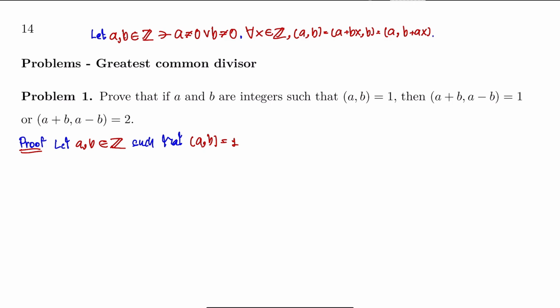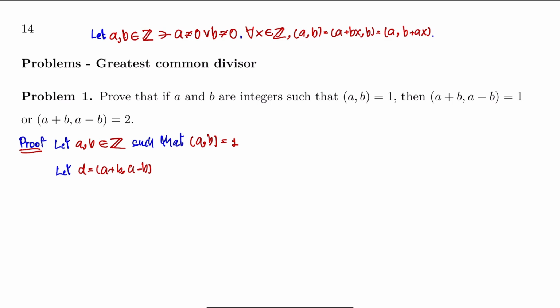Then what do we have to do? What I'm going to do is let d be this greatest common divisor. So let d be the greatest common divisor of a plus b and a minus b, and try to show that d can be 1 or 2.